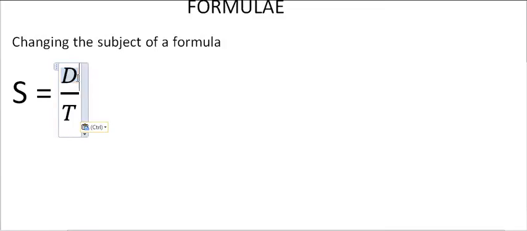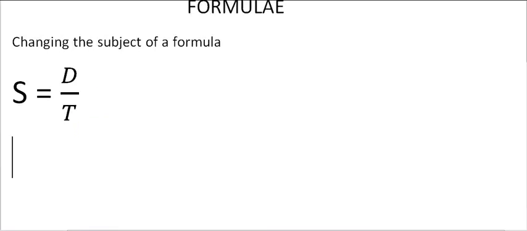To find the distance, we have to make distance the subject of the formula, which means we rearrange the formula to find D.